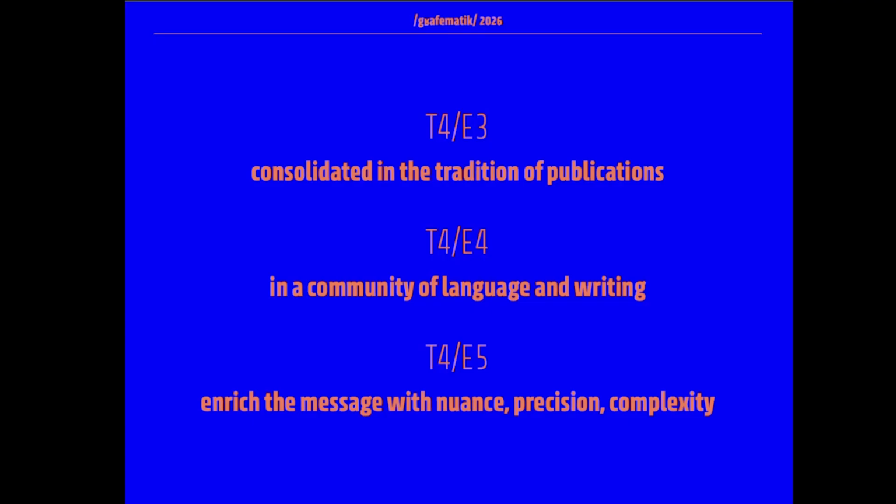Item 4, in a community of language and writing, because the same language may be used, for instance, we have here Amazigh, the Berber language, which can be written in Latin script, Arabic, and Tifinagh. So editing conventions are dependent on a specific writing system.